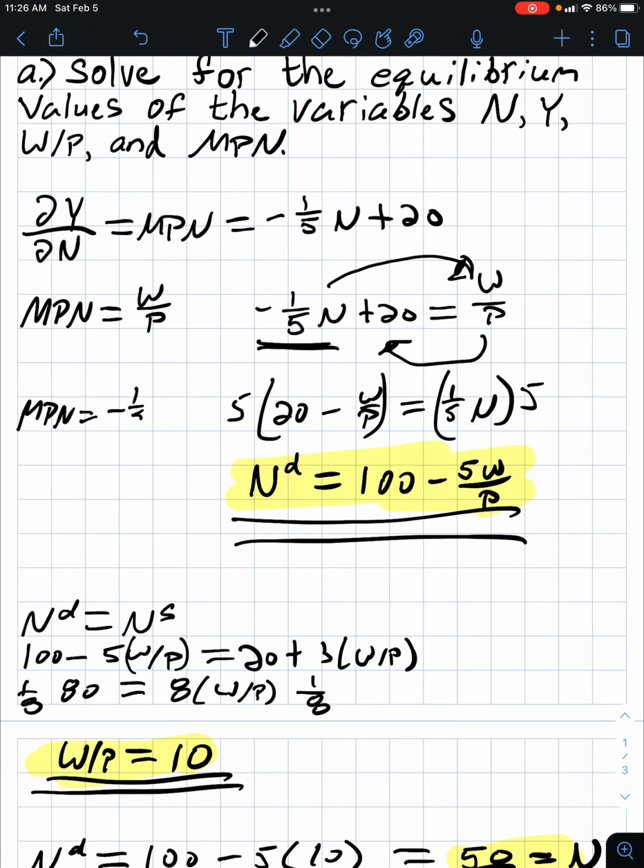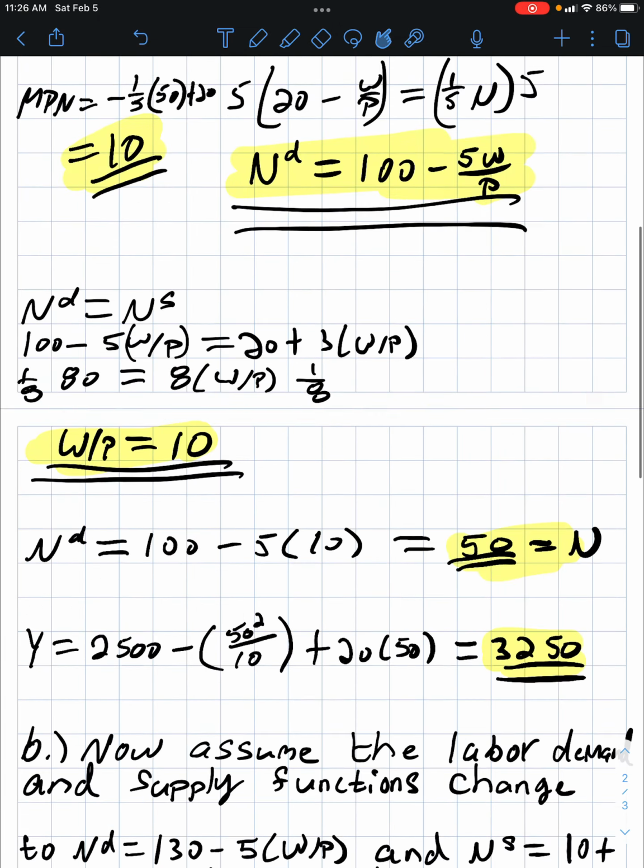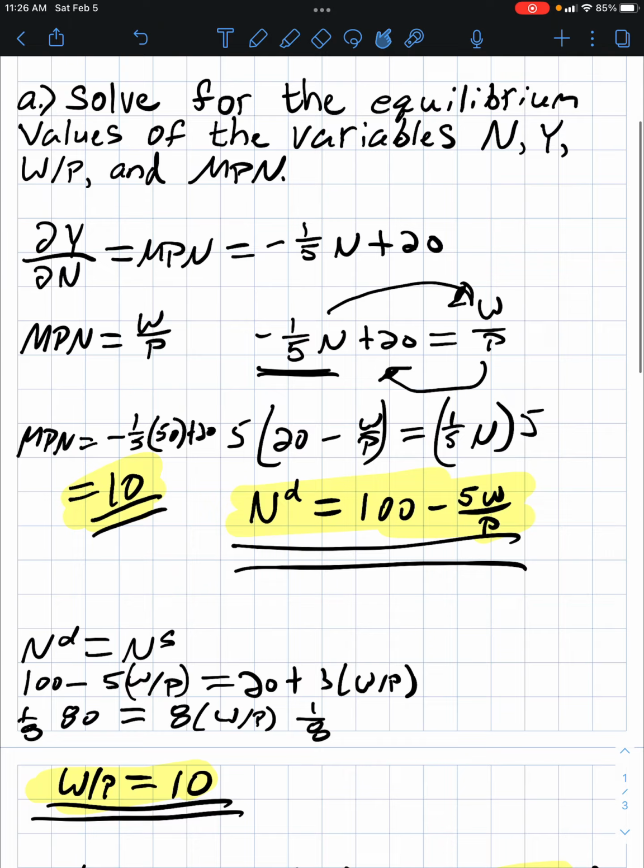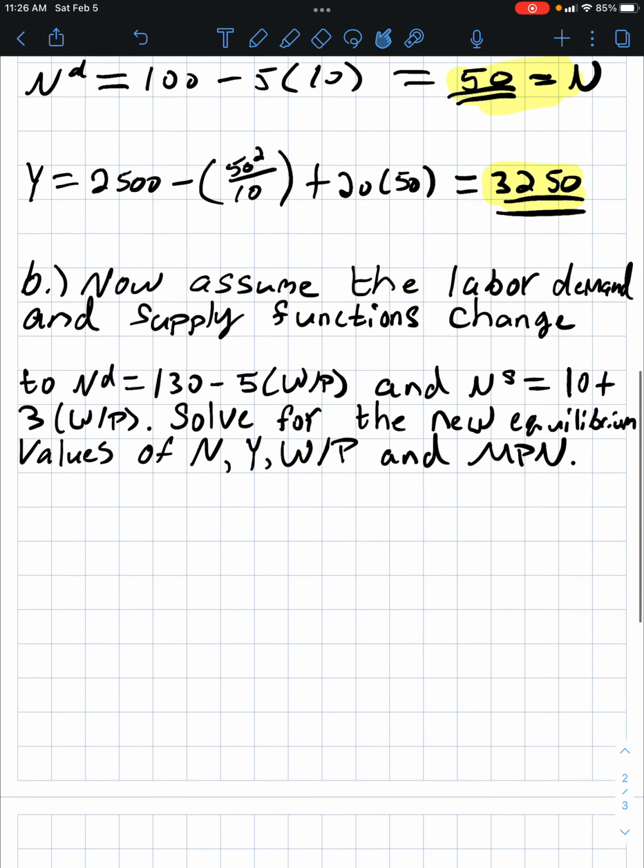MPN is going to be equal to negative 1/5 times 50 plus 20, and this is going to be equal to 10, which should be equal to the real wage, which makes sense because MPN, or marginal product of labor, is equal to W over P, or real wage. So that is the solution for part A.